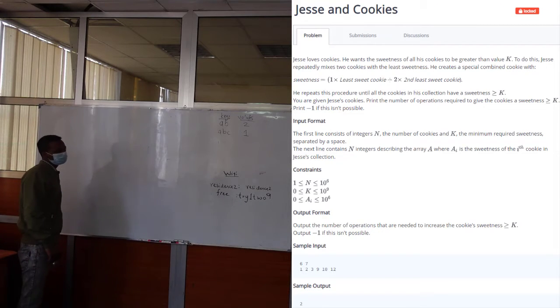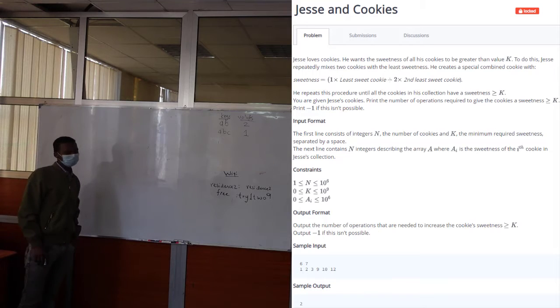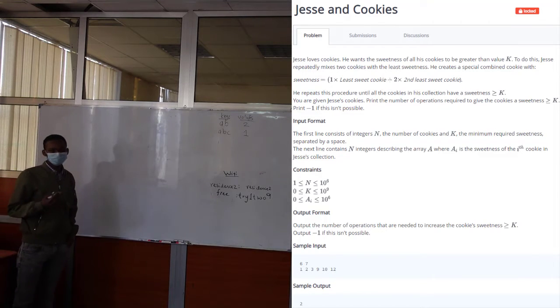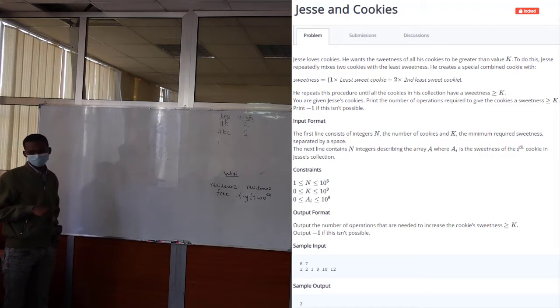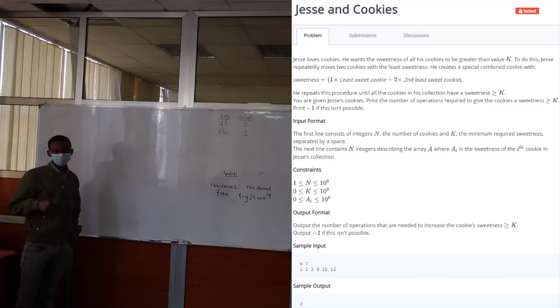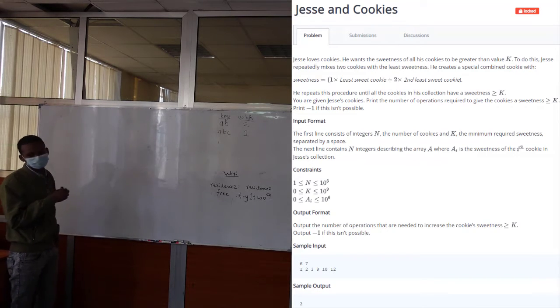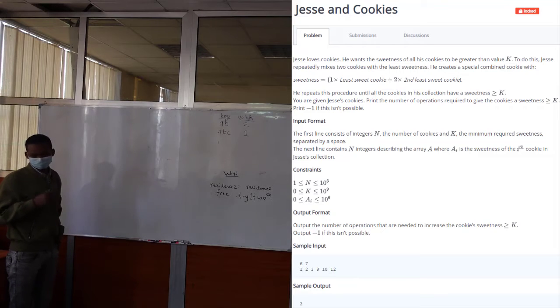My approach is using heaps, a min heap. A min heap gives me the minimum of all the items in the list, so I could pop twice to get the cookies with the least sweetness.